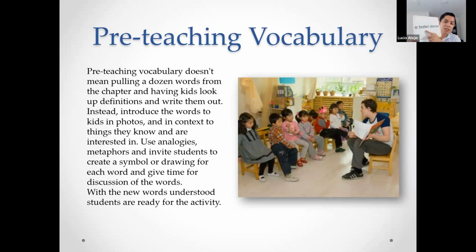What is it? What does it say? Oh, it's a witch. Great. Okay. Now, after you pre-teach them vocabulary, now they are ready to listen to the story. Because if you only read the story to them, half of the class won't get you. They won't understand what you're saying.